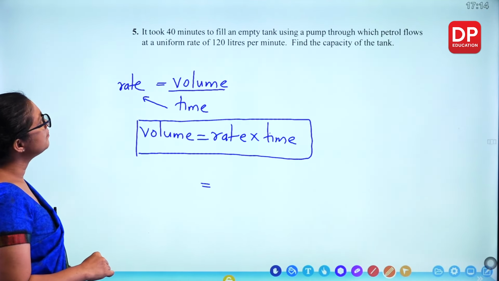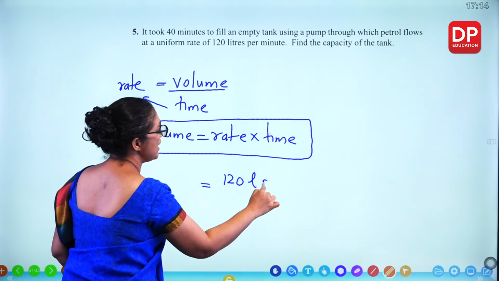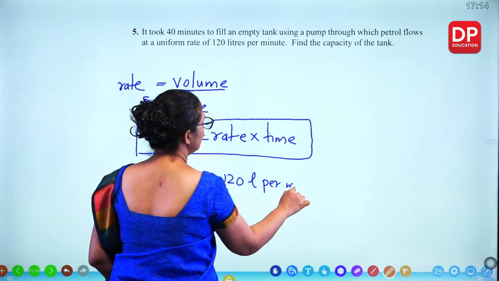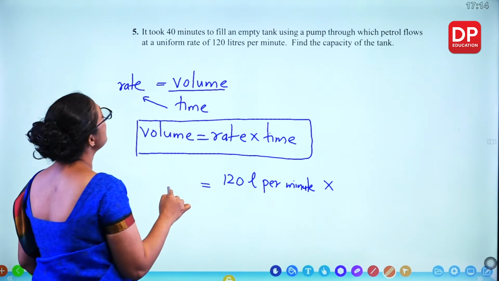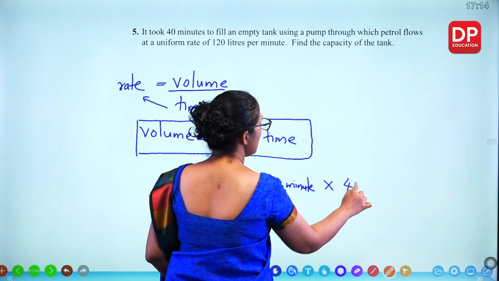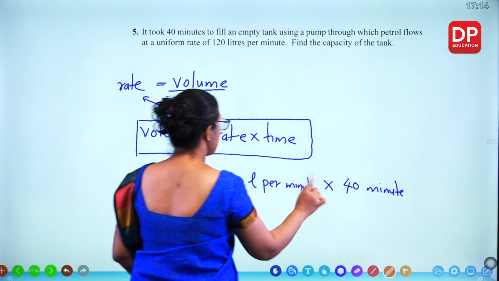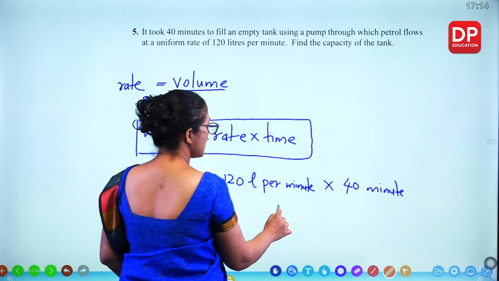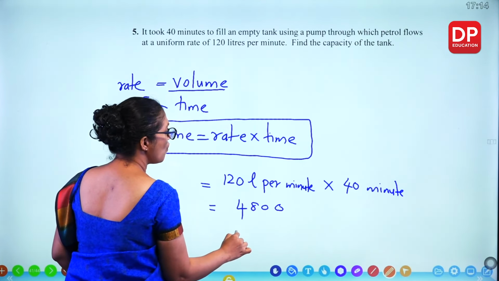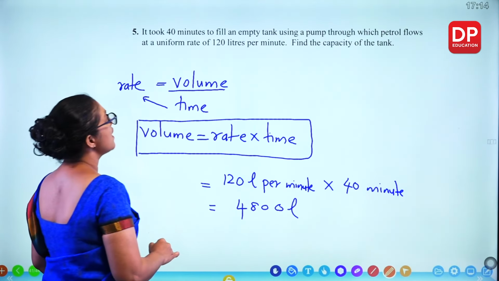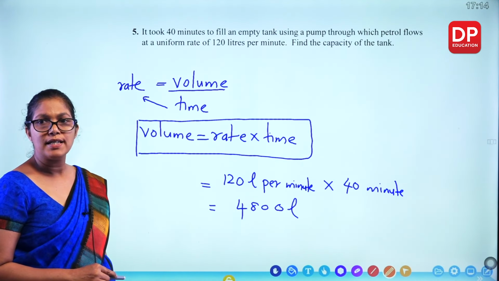Rate is given 120 liters per minute multiplied by time is given 40 minutes. So this one gets cancelled out. You get 0, 0. 4 times 2, 8, 4 times 1, 4, 4800 liters. So that's the capacity of the tank.